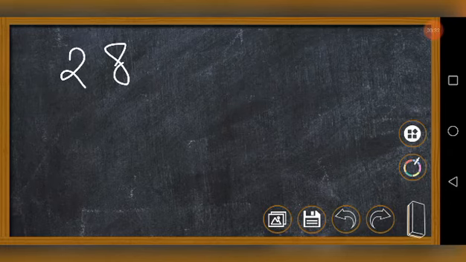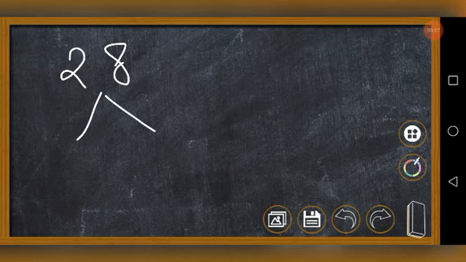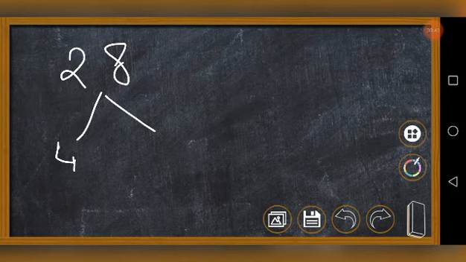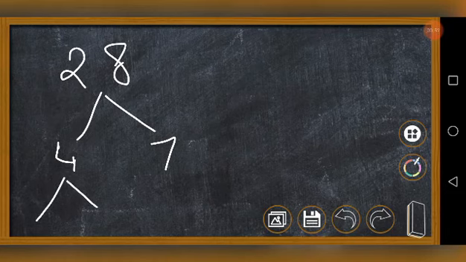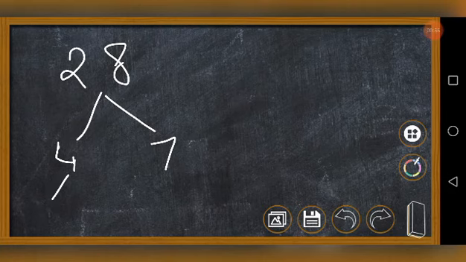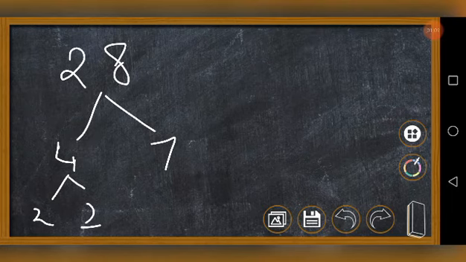I will use the tree method to find the prime factors of 28. 28 is a multiplication of 4 and 7. 7 is a prime number, but 4 is not a prime number. It is a composite number. So we will break down 4 into prime numbers. So we will get 2 times 2.